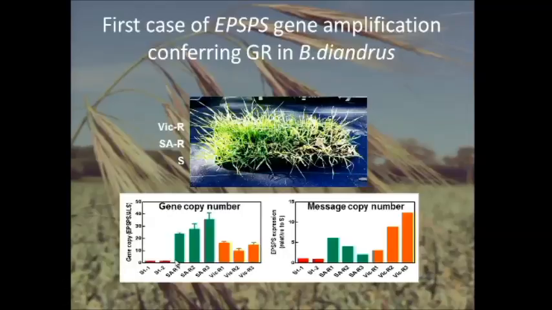In the resistant populations, we have between 10 to 30 times more gene copies of EPSPS. And this translates to 2 to 12 times higher expression of EPSPS in the resistant biotypes compared to the susceptibles.